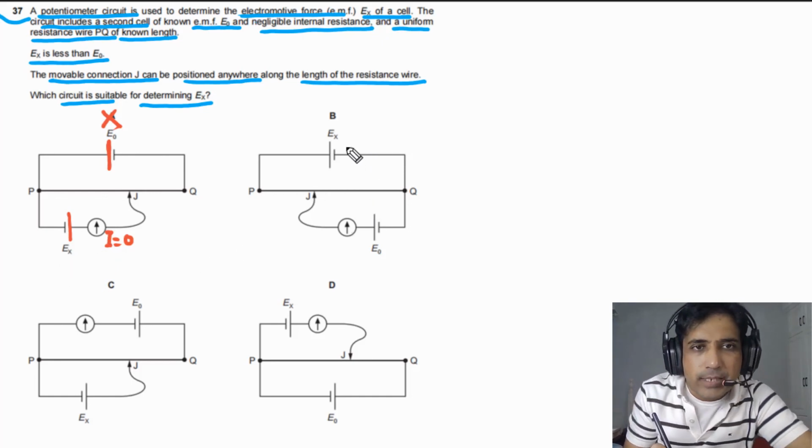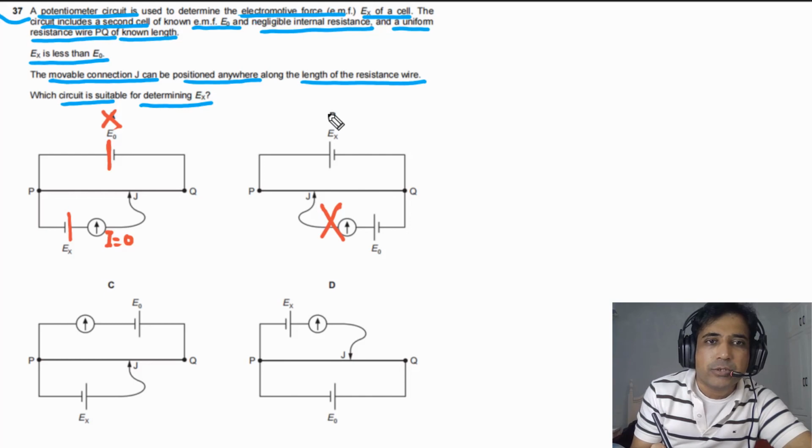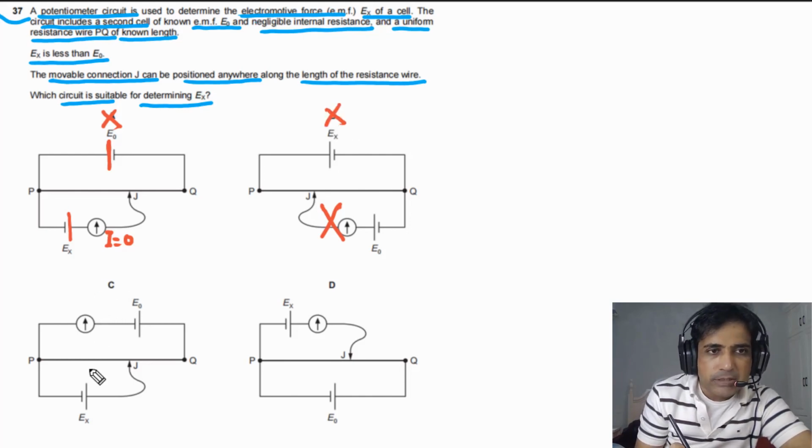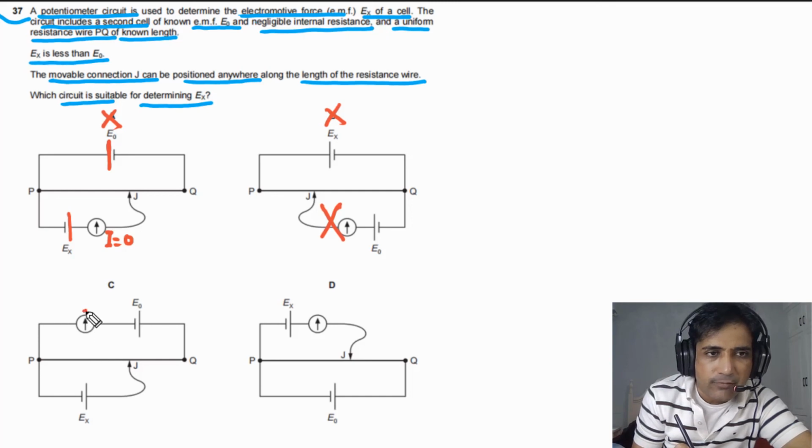Now if you look at circuit B, in this case you can see the galvanometer is connected with E0, but it has to be connected with EX. So in this case we also cannot find the balance point. So the galvanometer is connected the wrong way. So this option is also not possible. Now if you look at option C, in this case you can also see the galvanometer is connected here.